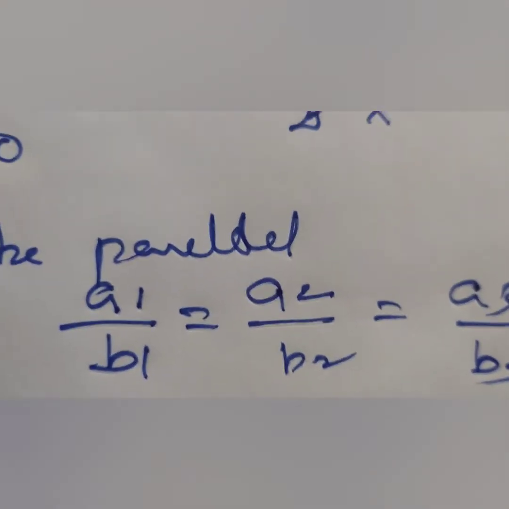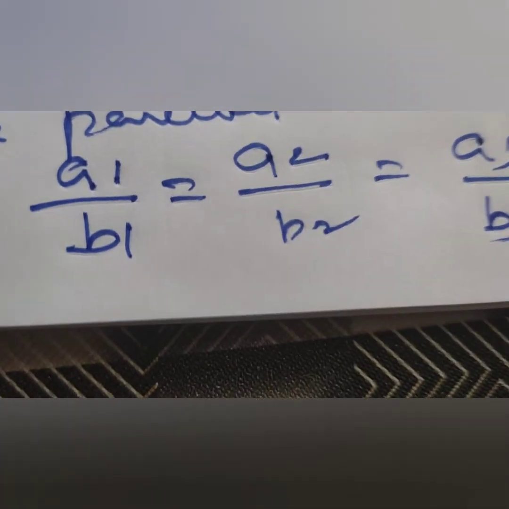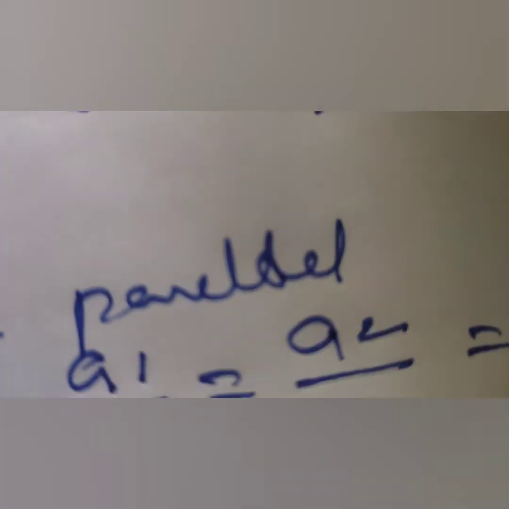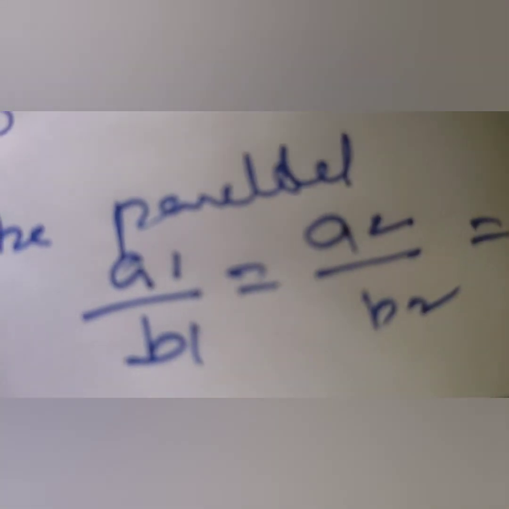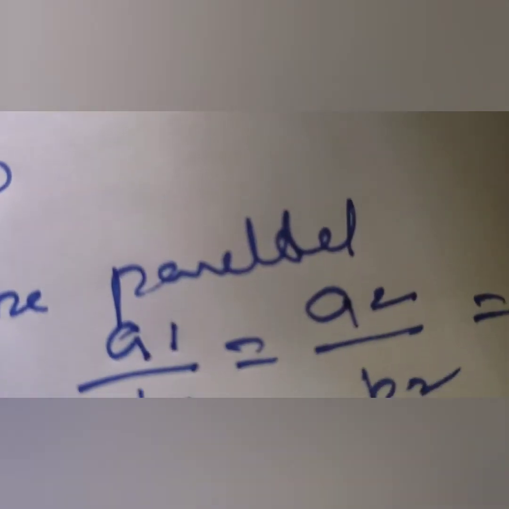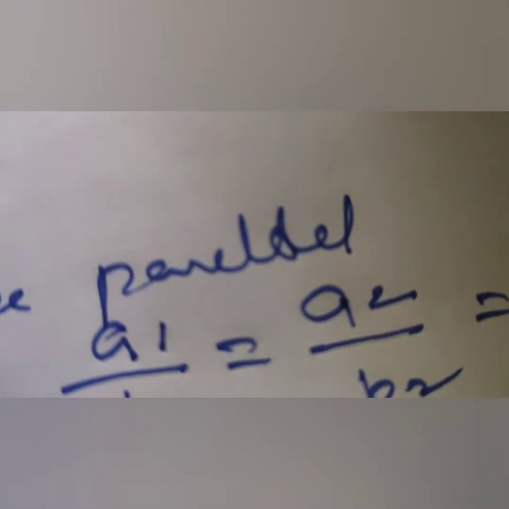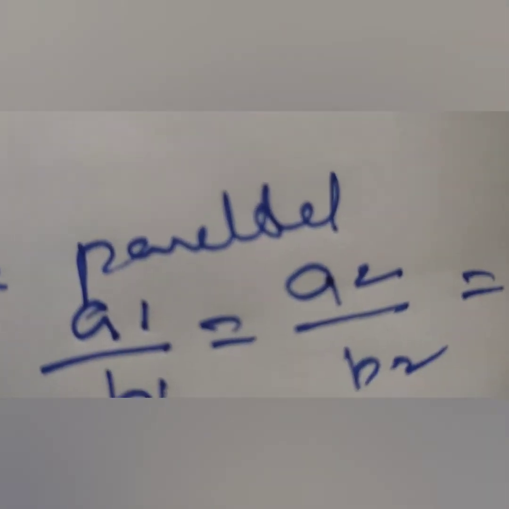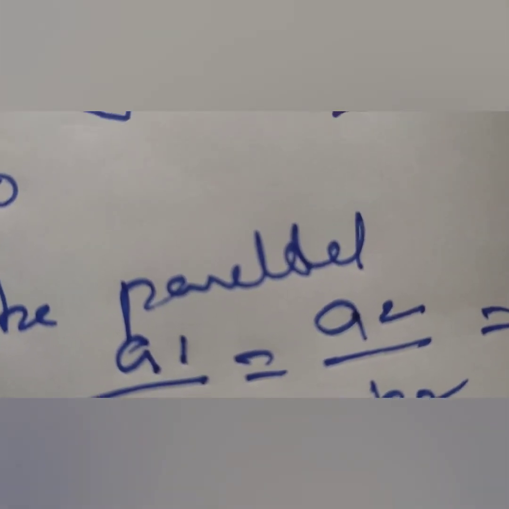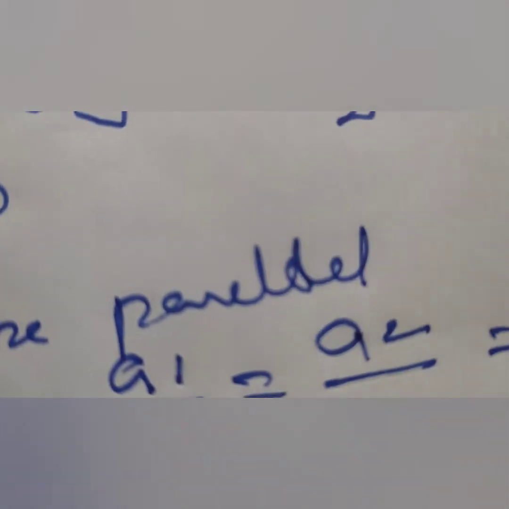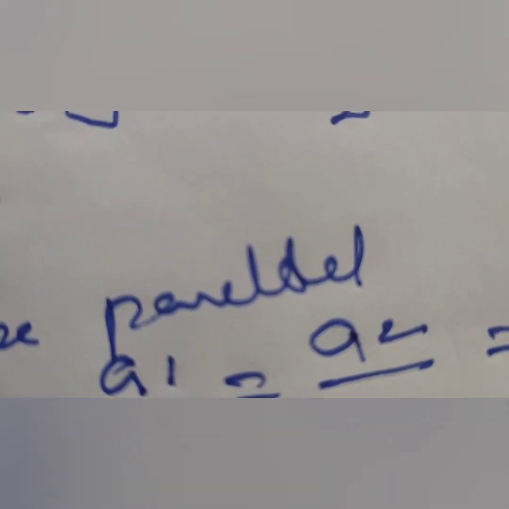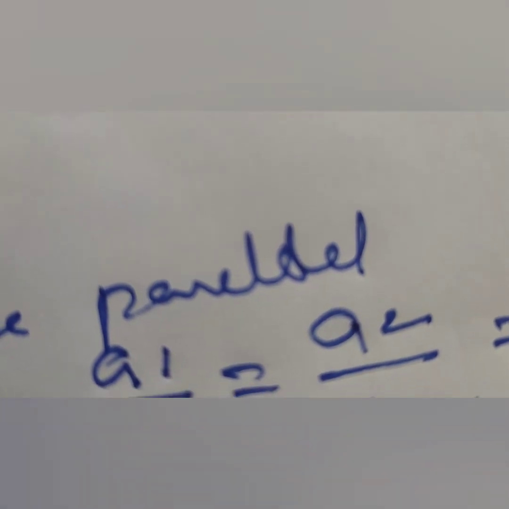A1 is the coefficient of i, A2 is the coefficient of j, A3 is the coefficient of k. B1 is the coefficient of i as well. So this is the condition for vectors to be parallel.